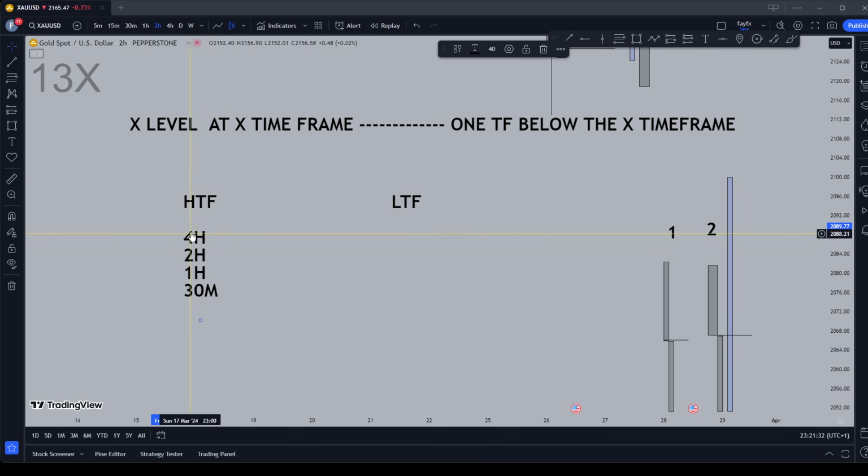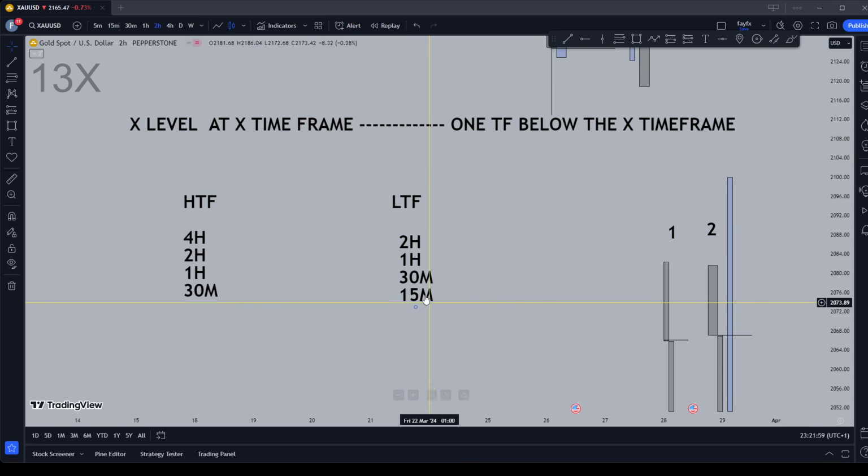Those are the time frames we are going to use as higher time frames. For the lower time frame, we are going to use 2 hours, 1 hour, 30 minutes, 15 minutes.